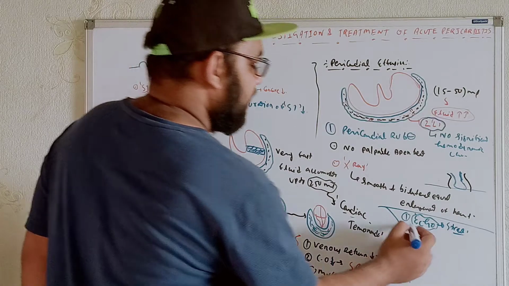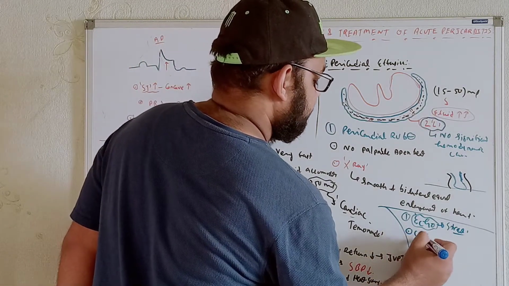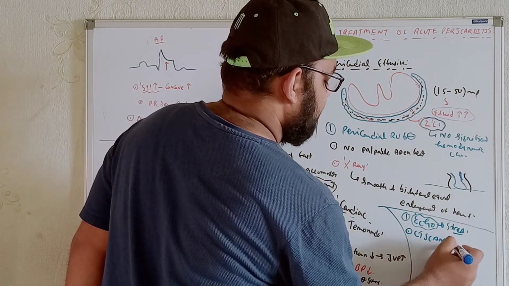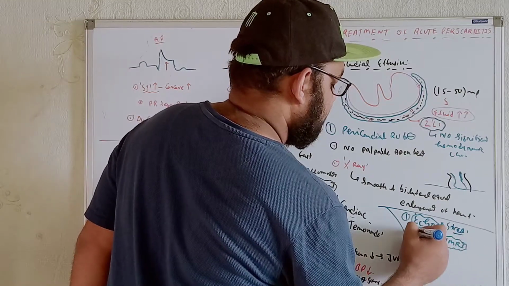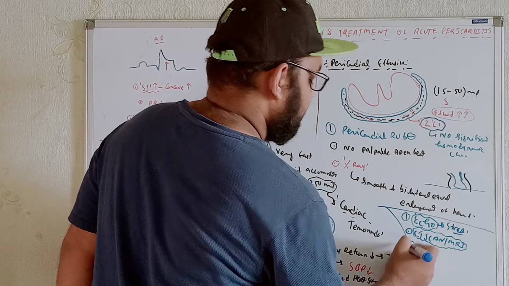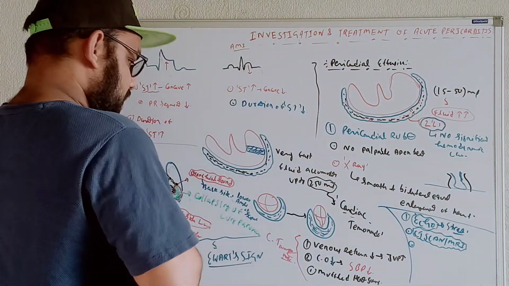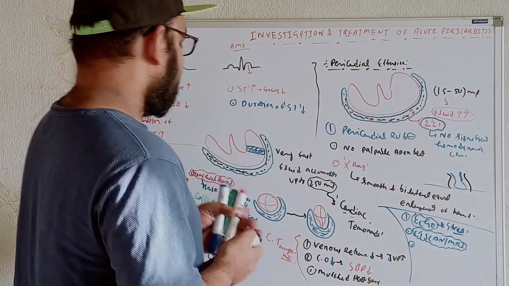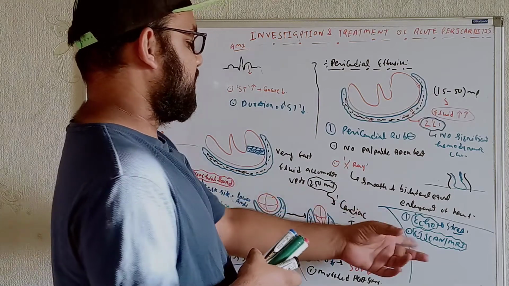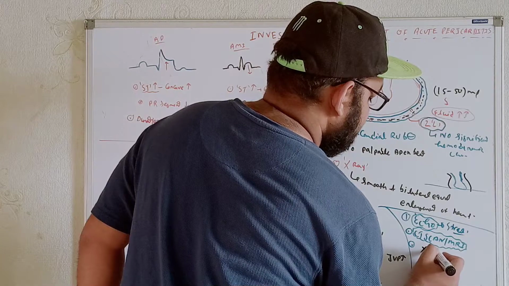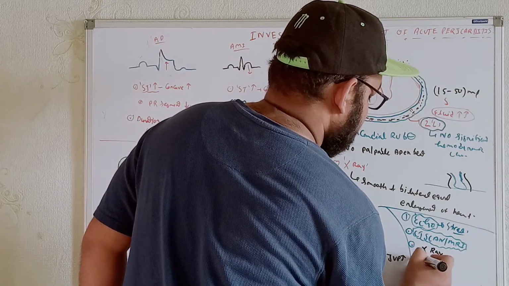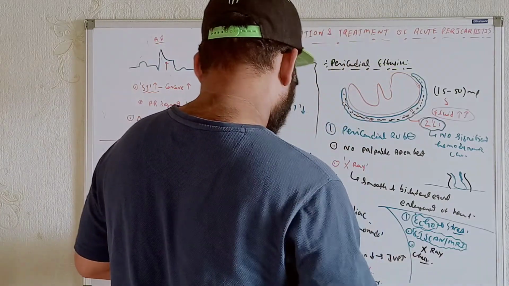After the echo, we can do the CT scan or the MRI to investigate the different parts of the heart and the lungs as well. And along with that, as I mentioned earlier, we can do the chest X-ray.